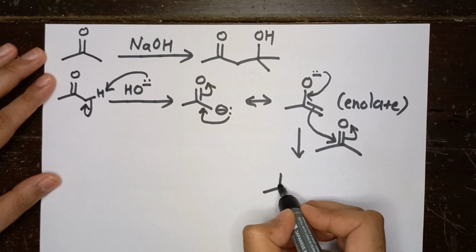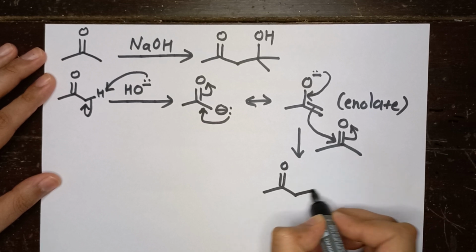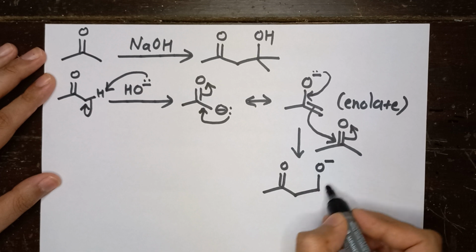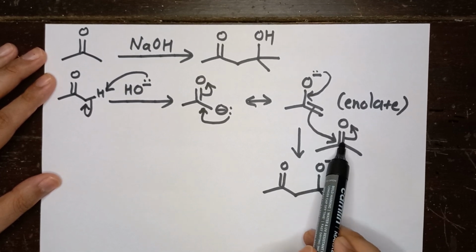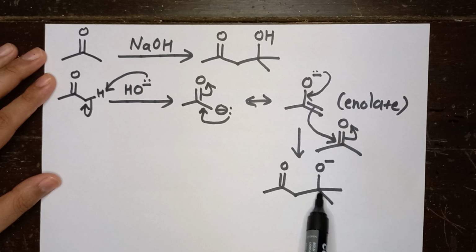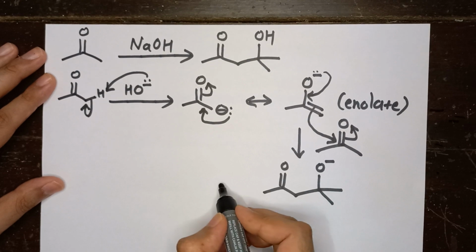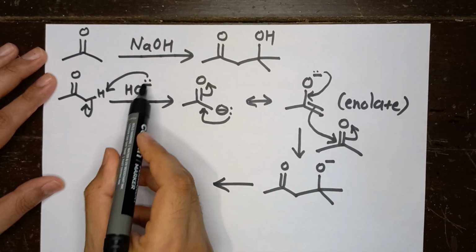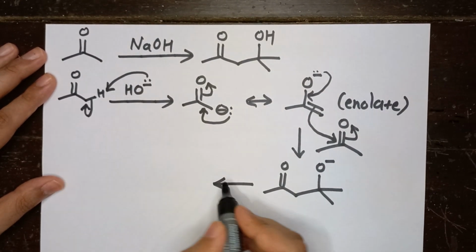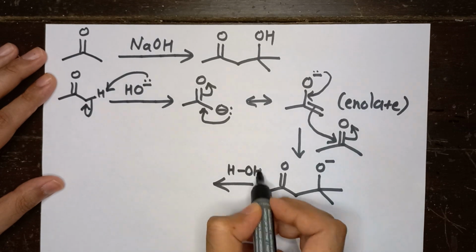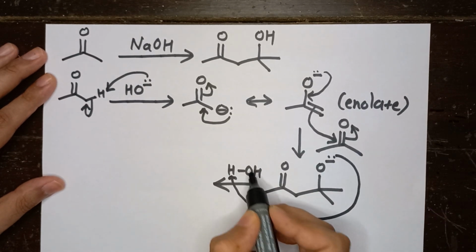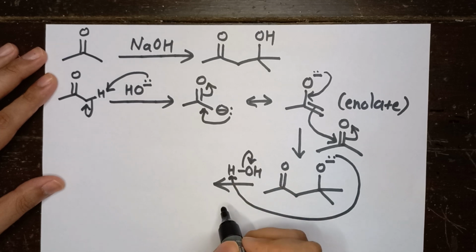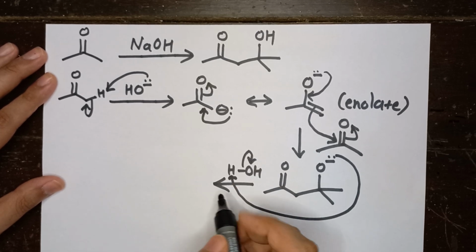So now we have formed this one. We simply connected this carbon with this carbon, and this carbon has two methyl groups and one O minus. We have just removed water, which can come back, and this time it can act as an acid and will eliminate HO minus.